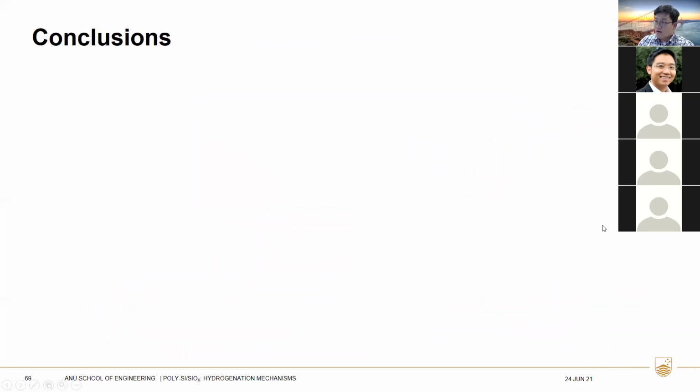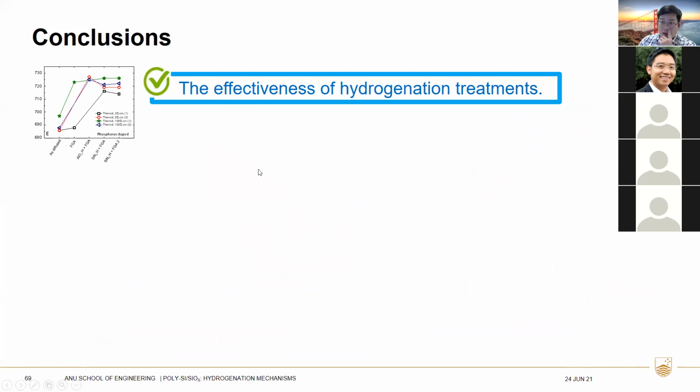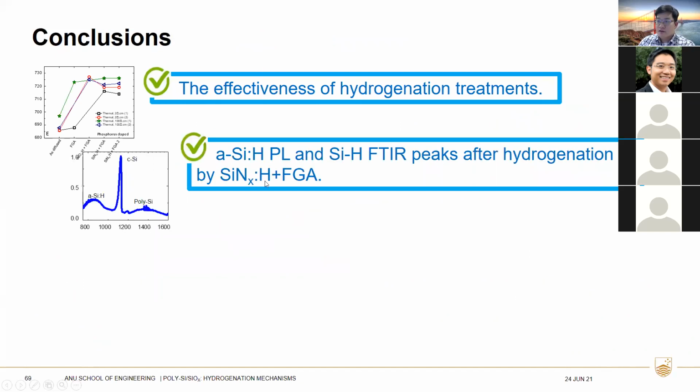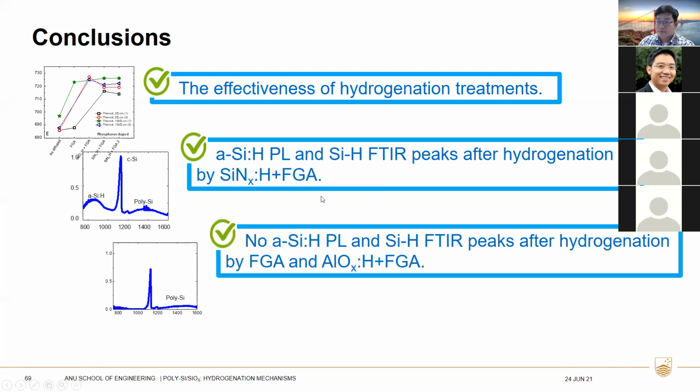Okay. So as conclusions, we saw the effectiveness of the different hydrogenation treatments on the sample hydrogenated by silicon nitride and forming gas. We see clear PL peaks from hydrogenated amorphous silicon and FTIR silicon hydrogen peaks.